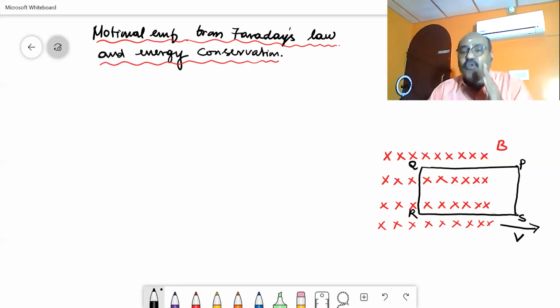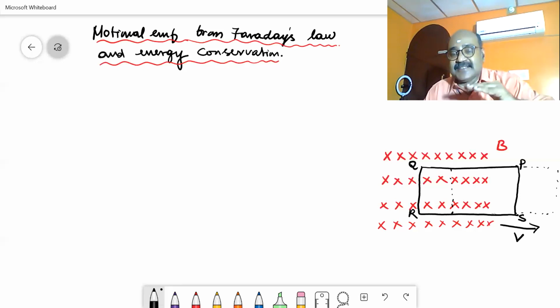When I move this loop towards the right, the end QR will also move towards the right. So automatically the area of the loop inside the magnetic field decreases. When the area decreases, the flux passing through that area will also decrease.